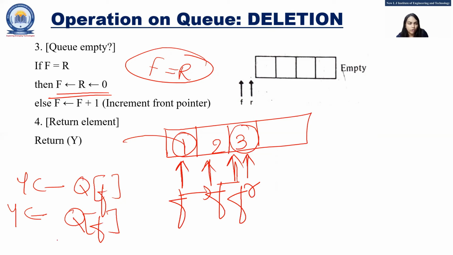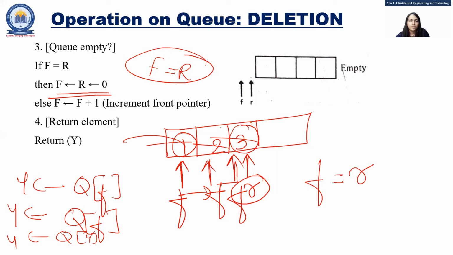Q of F, this time also, will go to the temporary variable. So 1, 2, and 3 are deleted. Now can you see F is equal to R? Initially 3 elements were inserted, now 3 are deleted. So both pointers are together, and now it shows that the list is empty. So we have to again bring them back to the original position where F and R are 0.